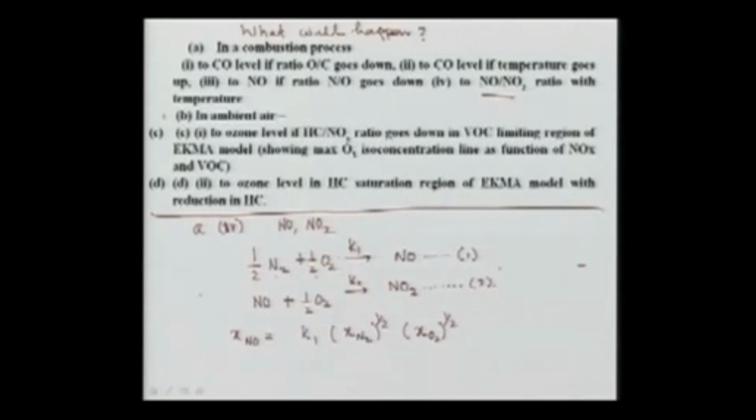I'm just using this equilibrium constant to write the mole fraction of NO. Similarly, I can write the mole fraction of NO2 using reaction 2, but this time both constants will be involved, because reaction 2 depends on reaction 1. So xNO2 is K1 times K2 times xN2 to the power 1/2 and xO2.